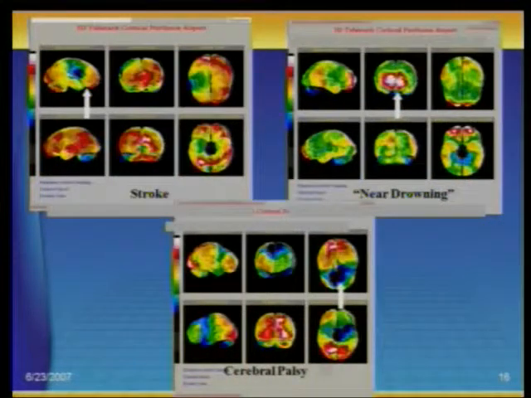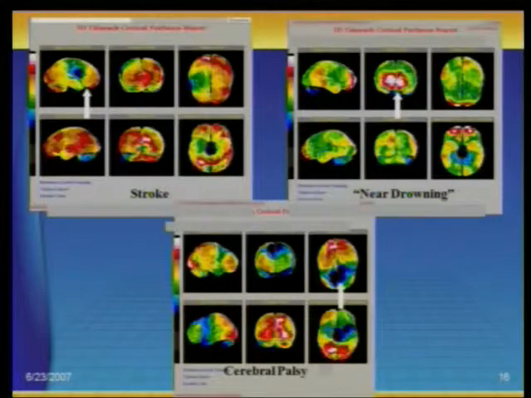And we've seen this. This is the same person with a stroke pattern. Here's a child who was pulled from the bottom of a swimming pool. It's a so-called near drowning case. And remember, none of this is supposed to be in the green or in the blue.